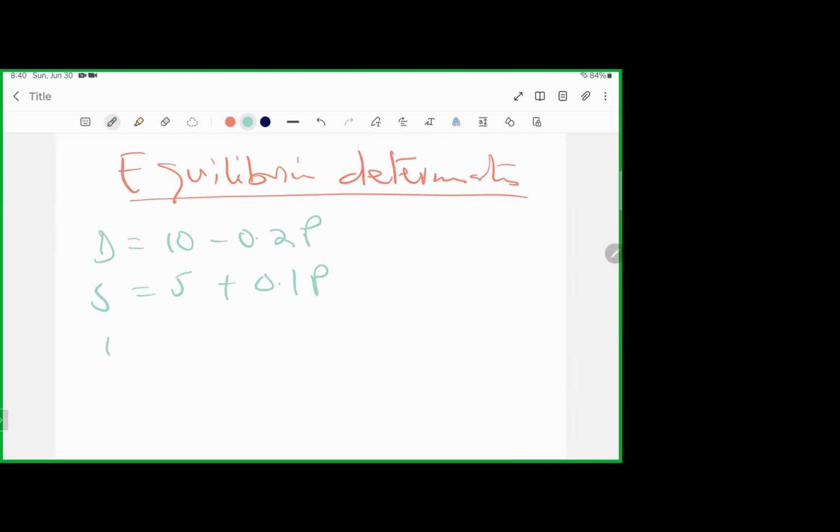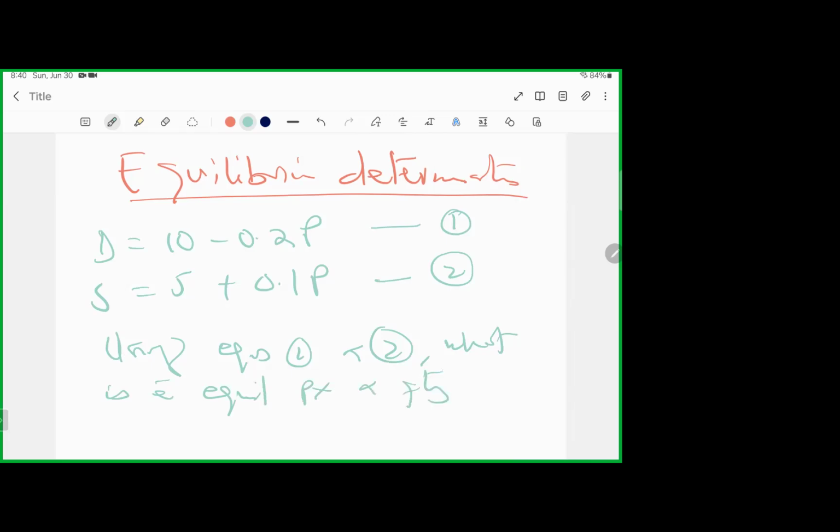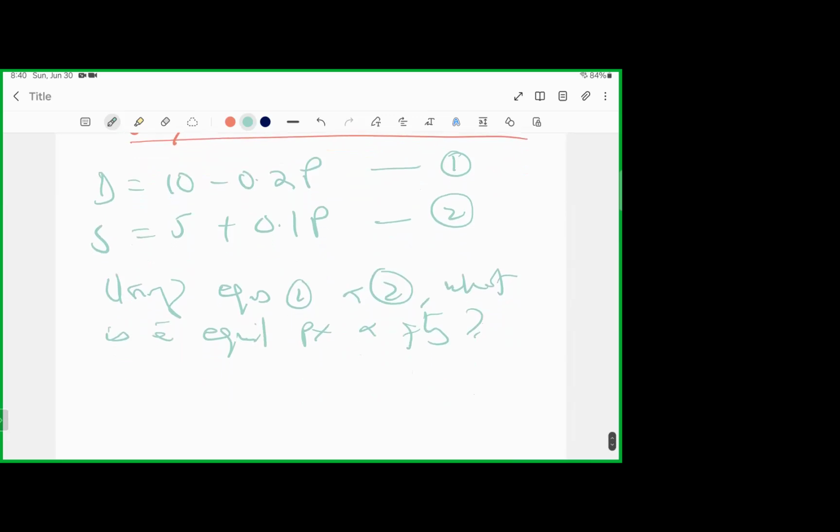So this will be equation 1, and here will be equation 2. Using equations 1 and 2, what is the equilibrium price and quantity? So the solution is basically, okay.